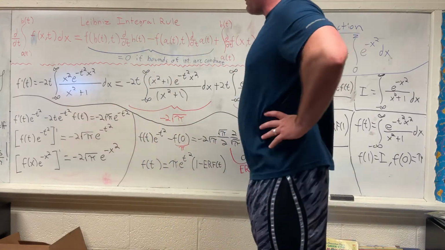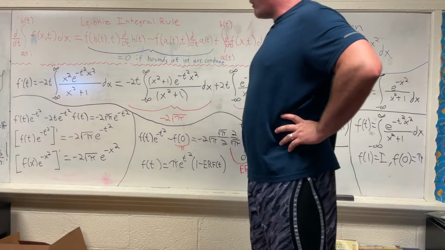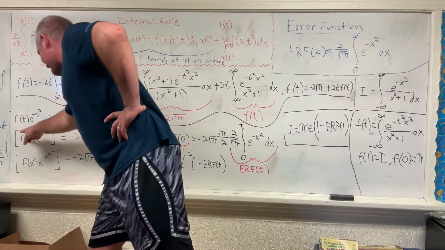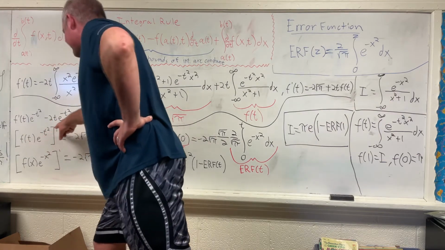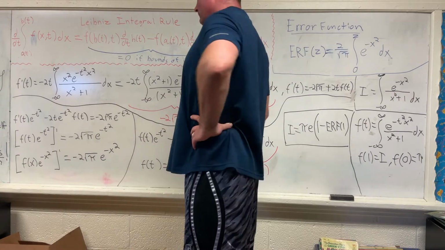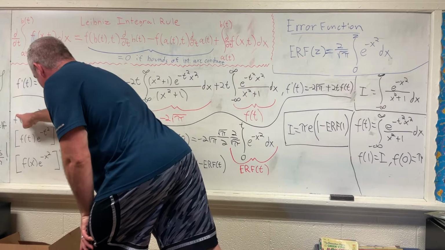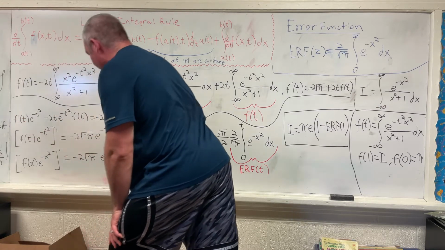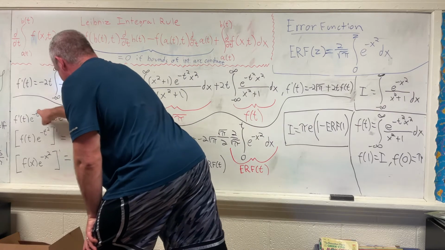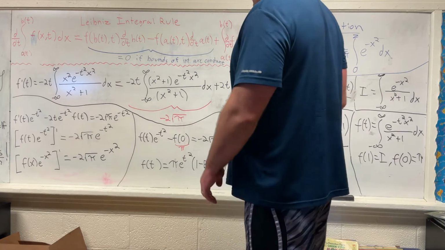I realize I probably should have written d/dt of f of t e to the negative t squared, but I didn't. Anyway, if you take the derivative of this function of t with respect to t, you have to use the product rule. What you get is the derivative of the first, f prime of t, times the second, e to the negative t squared, plus the derivative of the second.